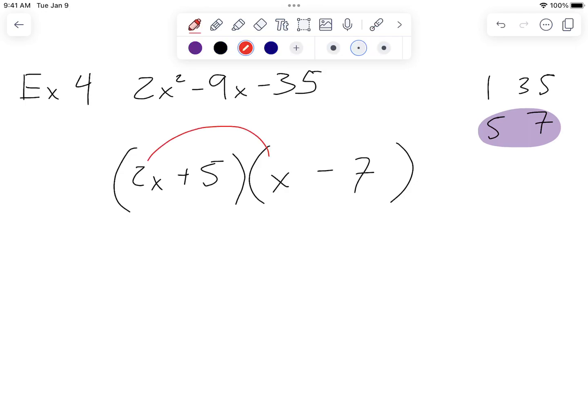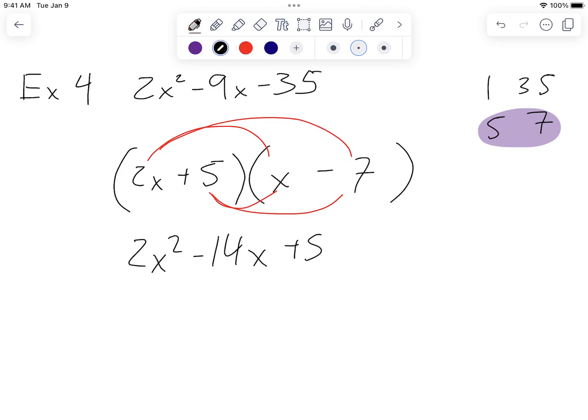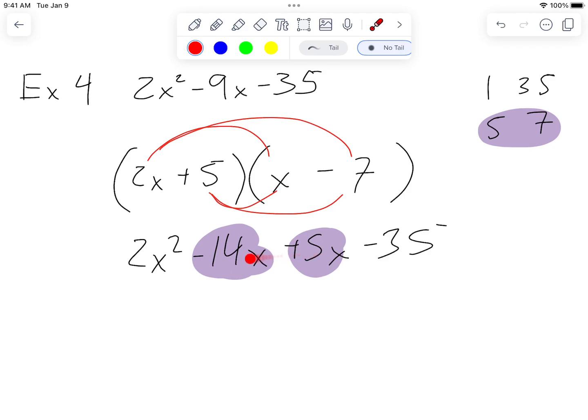So it kind of worked out where I did it right the first time. If I check my work here, 2x squared minus 14x, and then plus 5x minus 35. And if I look at my middle terms, they do add up to a negative 9, so I did it right.